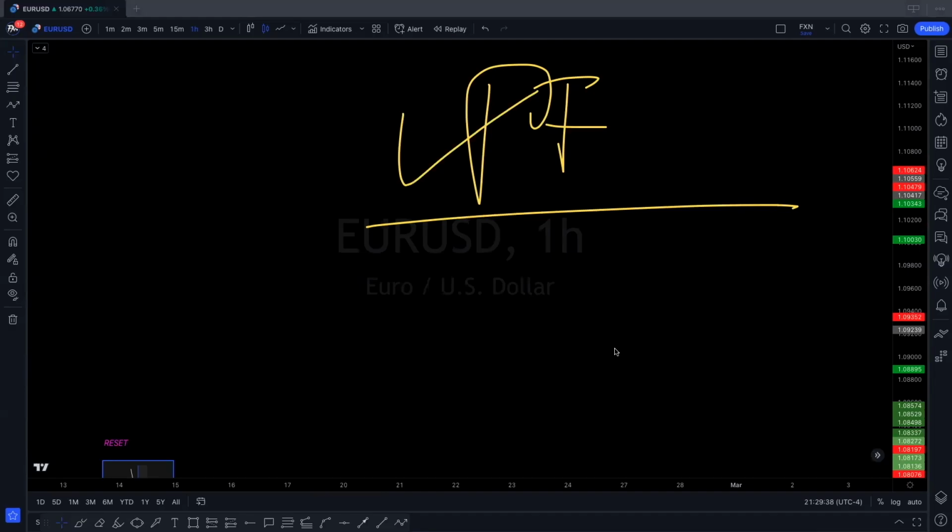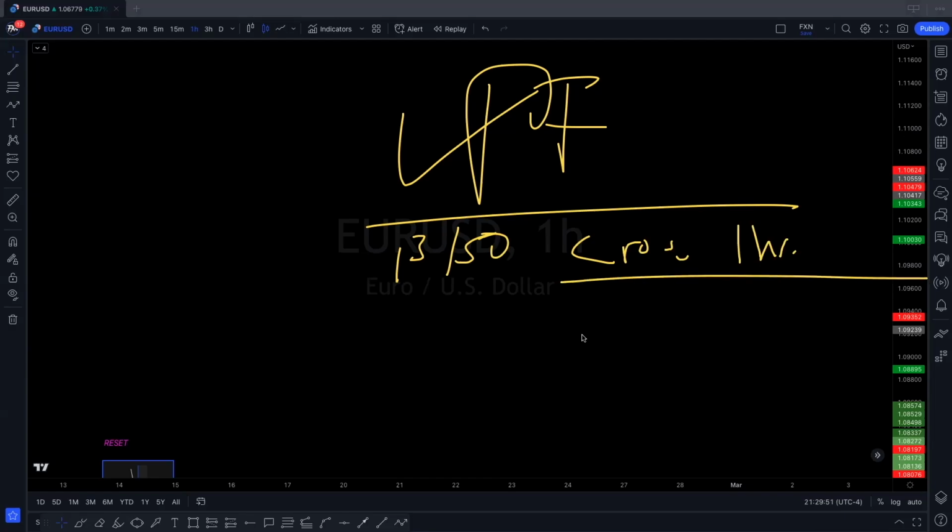That's the first thing. Second thing is you need to have a 1350 cross on a 1 hour time frame. That needs to be there. And then one time ADR, right?